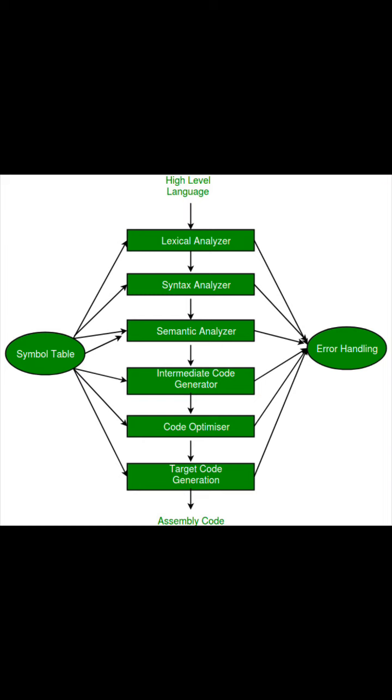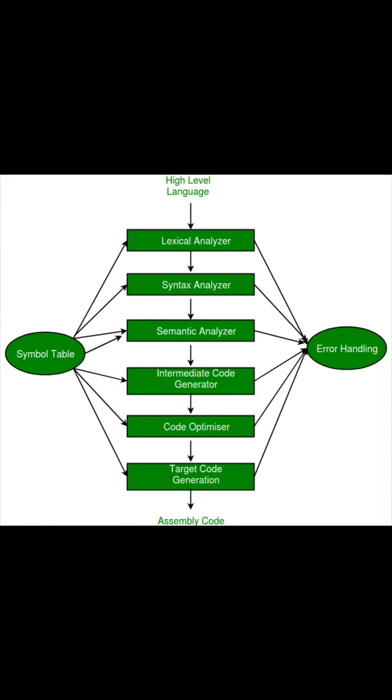So first of all, what is a compiler? A compiler is a system program. It takes a high level language as input, processes it, and gives assembly code, object code or machine code as output. There are different processes which run behind the scenes to go from high level language to object code.